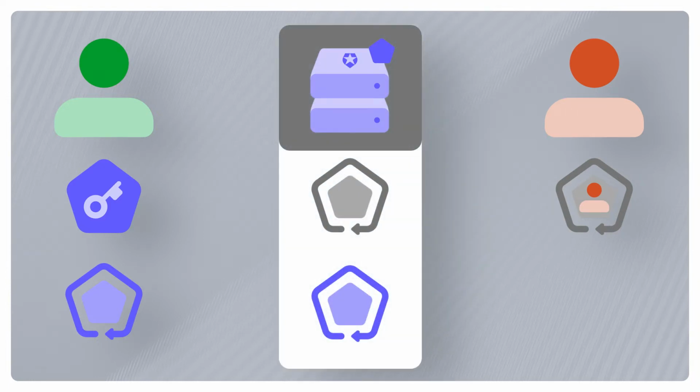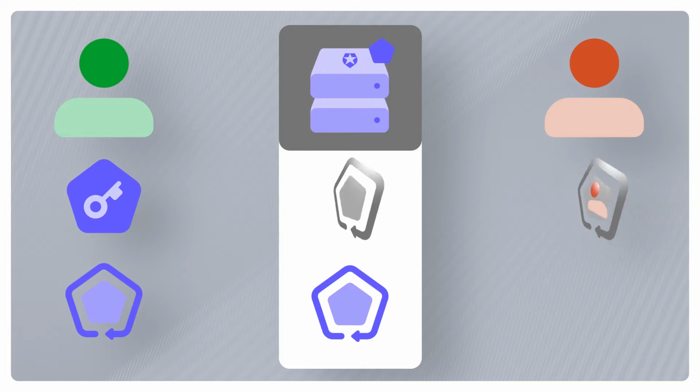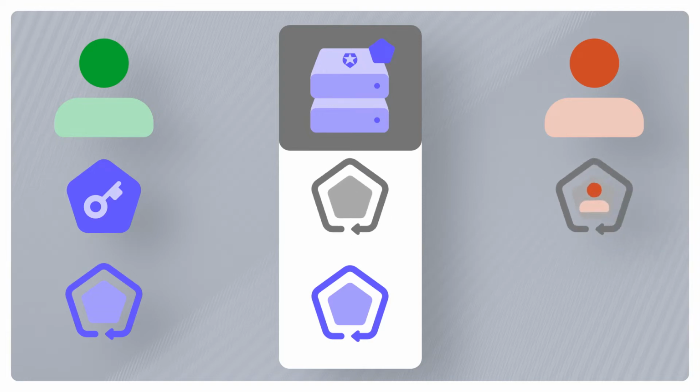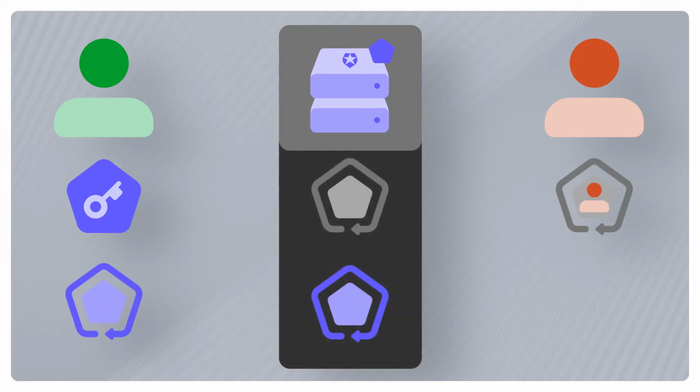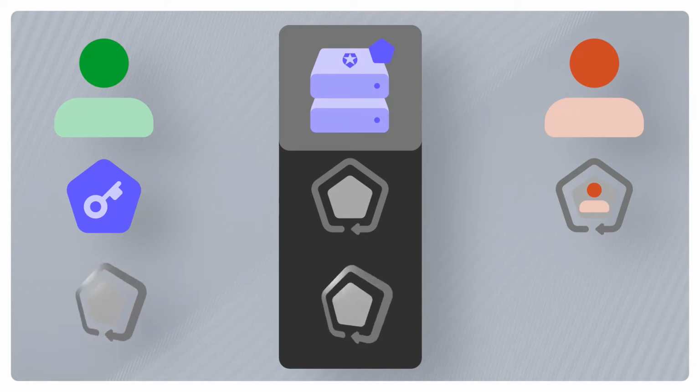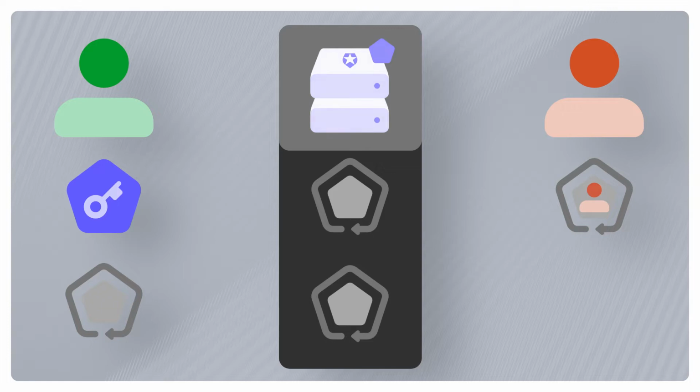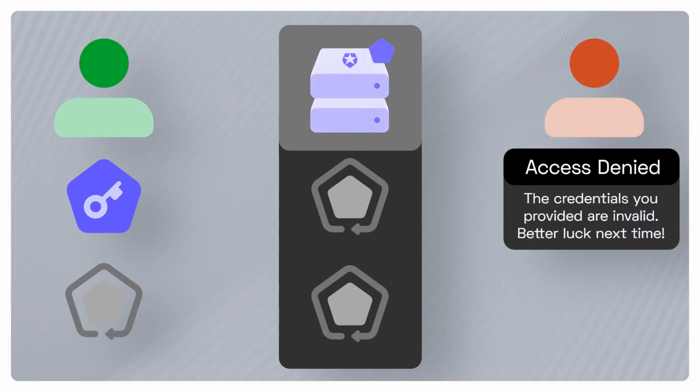The authorization server recognizes that someone is reusing refresh token 1 and immediately invalidates the token family, including refresh token 2. Then the Auth0 authorization server returns access denied to the malicious user.